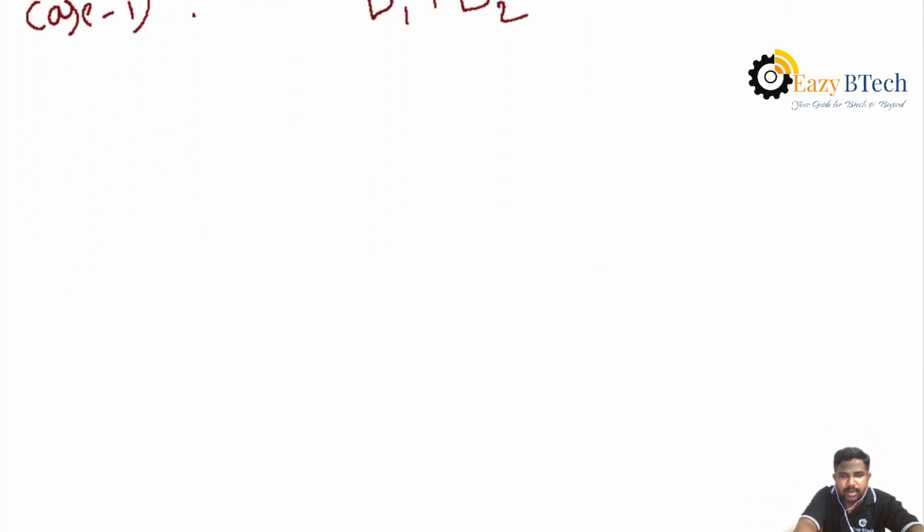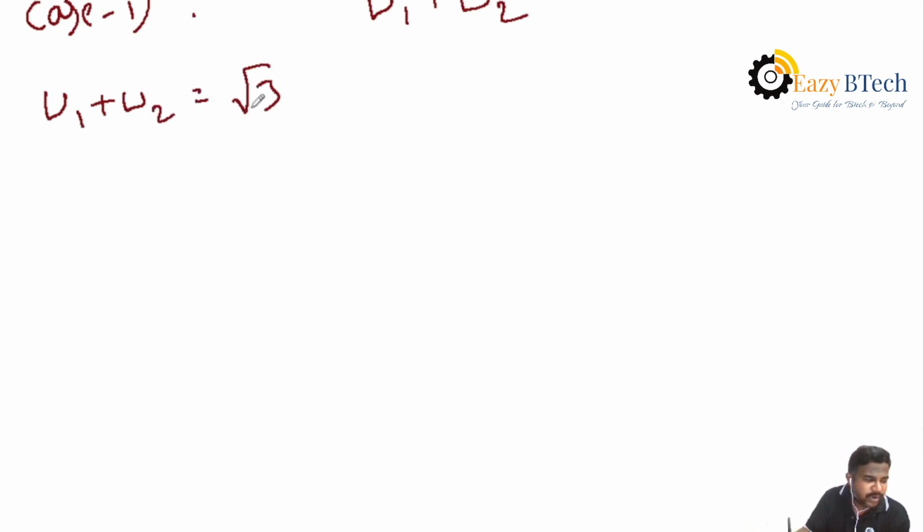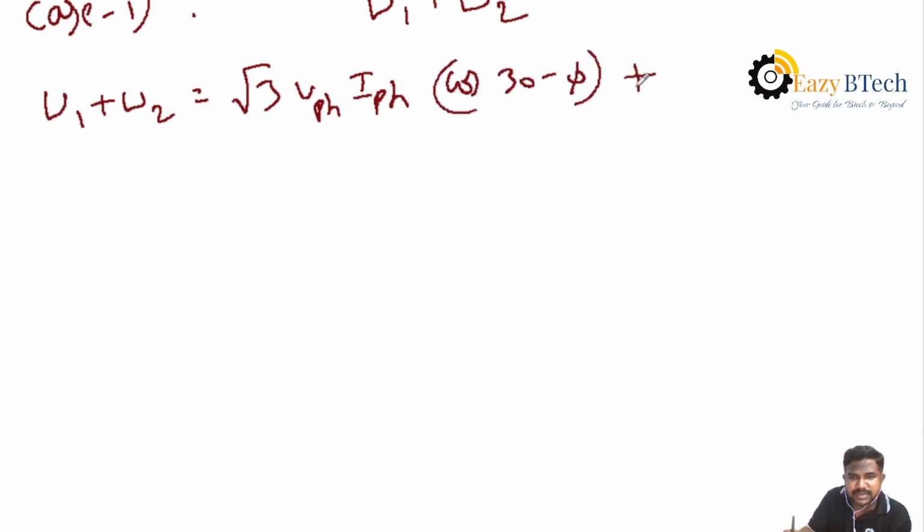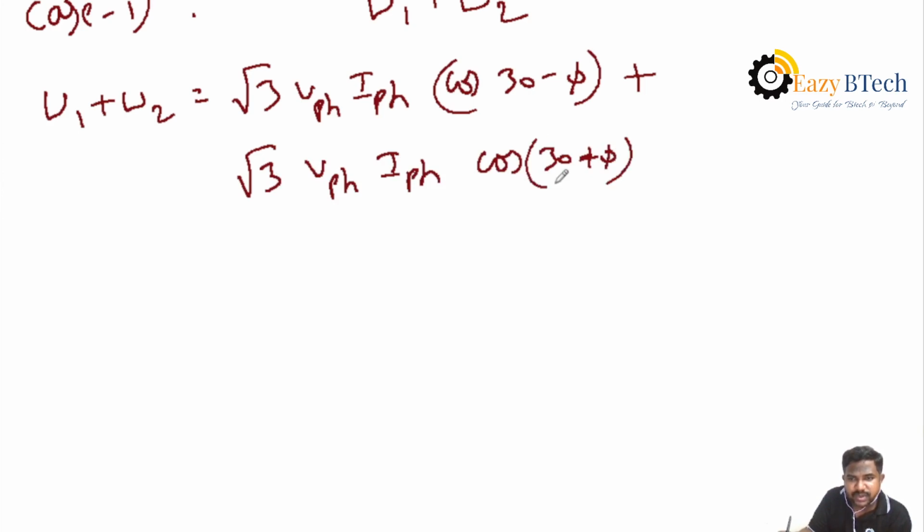That is W1 plus W2. You have to find W1 plus W2. What is the reading of W1? That is root 3 VPH IPH cos of 30 minus 5, plus the reading of W2, root 3 VPH IPH cos of 30 plus 5.